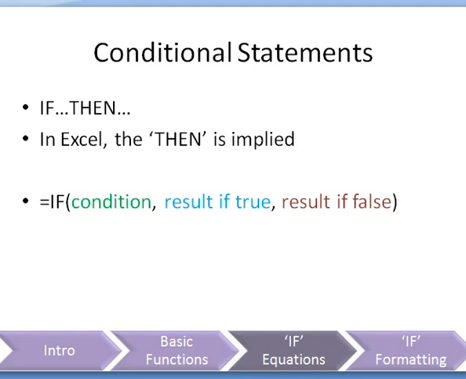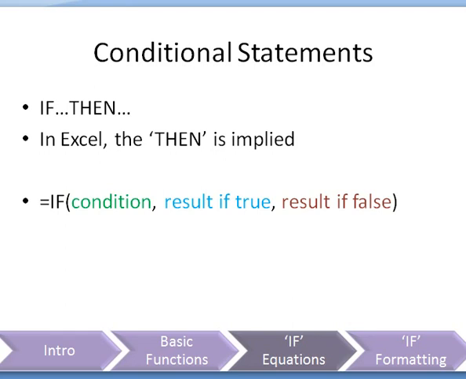So this is what it looks like in Excel. You type equals, then you type if, and then you have three arguments. Those are the three different parameters that you put inside the parentheses. The first thing is the conditional statement. That might look like: if cell A2 is greater than cell A1. That's the condition. We test that.